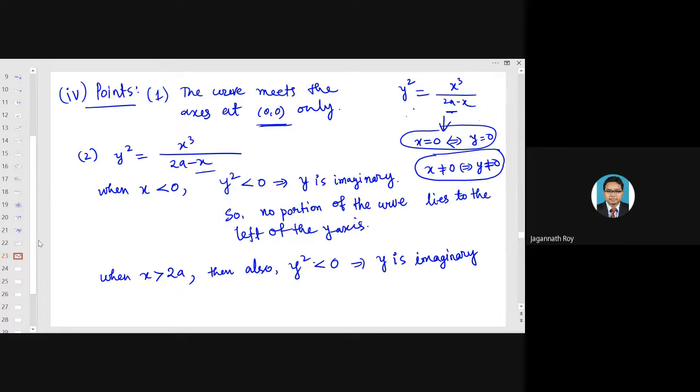So no portion of the curve lies to the right of x equals 2a. So you get some kind of basic idea.